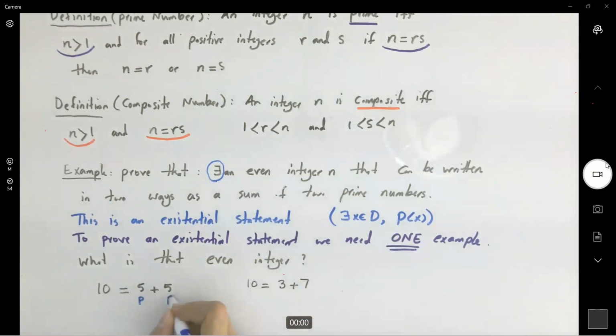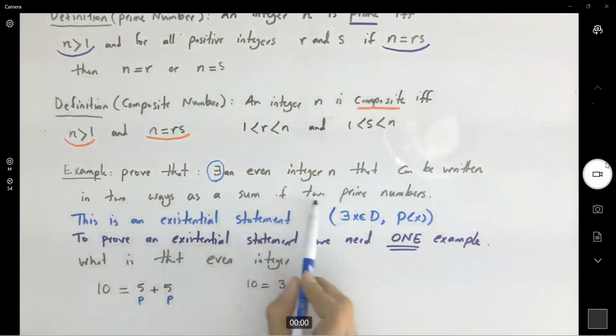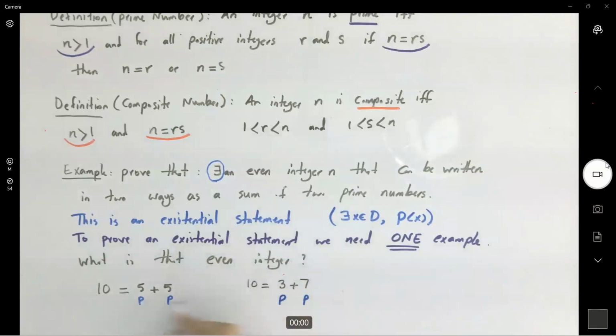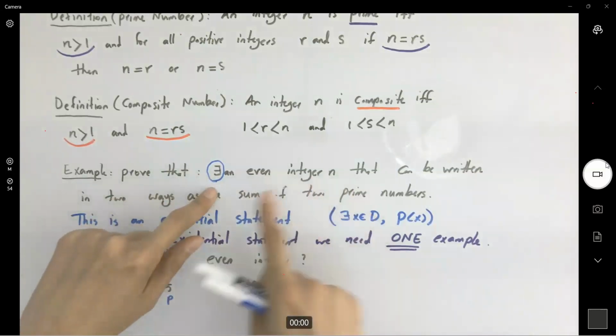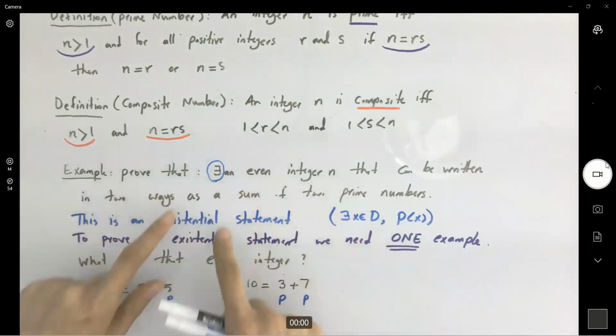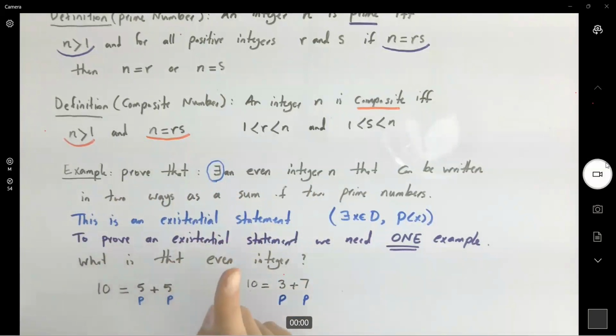Two prime numbers. And these prime numbers in the first set and in the second set are different from each other. 5 is different from 3, 5 is different from 7. So we found the example to prove this statement. Since we have an existential statement, we only need one example. We're done.